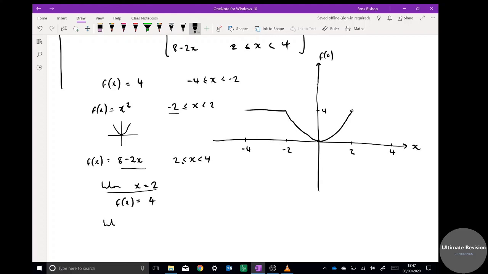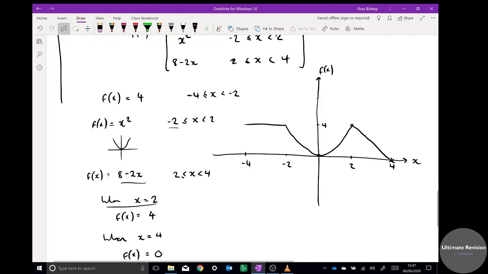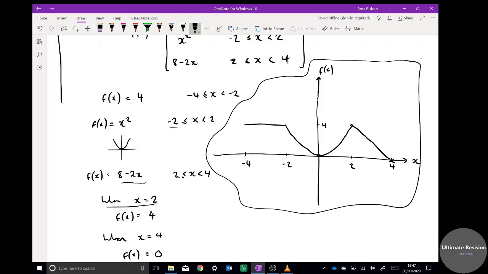And finally, when x equals 4, f(x) equals, if I put 4 in there, I get 8 minus 8, so I get 0. So at 4, and remember this one is a straight line, so I join the point from the first to the last point, and that there is my finished graph. Okay, that's my finished graph.